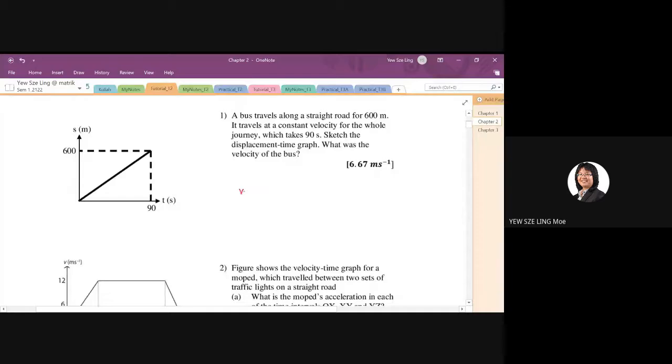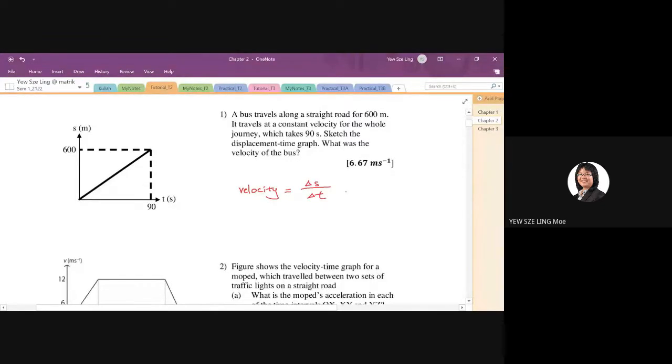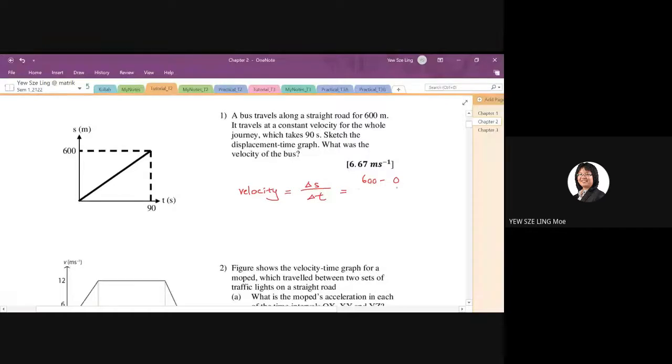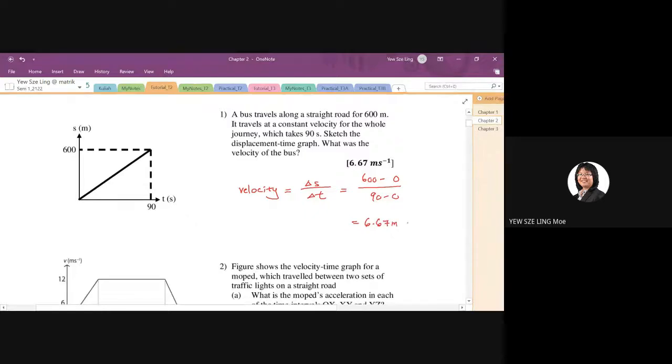Velocity equals the change in displacement over the change in time, which equals 600 minus 0 over 90 minus 0. So the answer is 6.67 meters per second. So the velocity for this bus is 6.67 meters per second. So it's moving at a very slow rate.